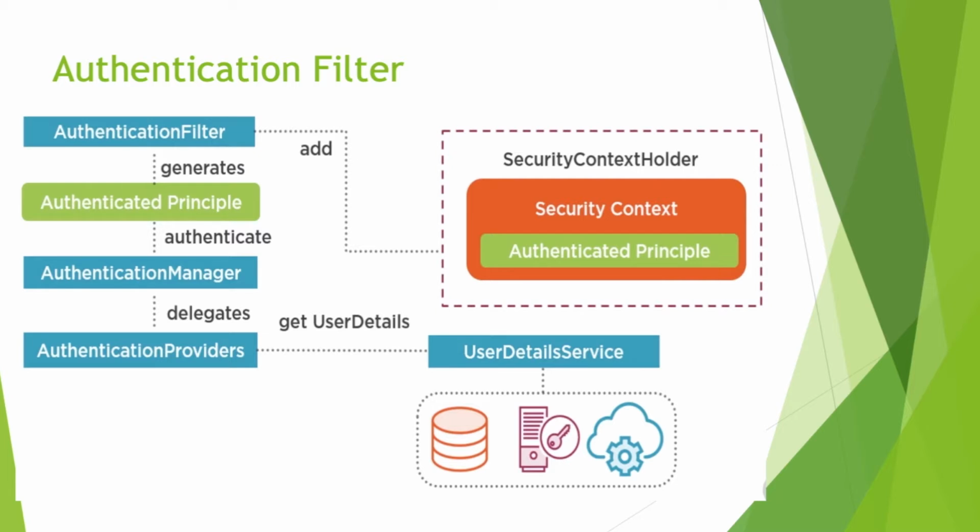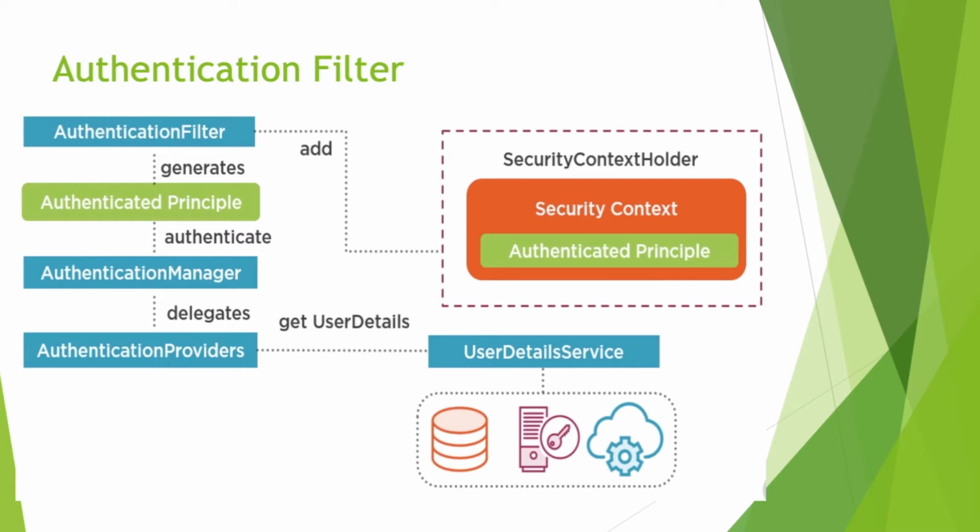The authentication request holds the credentials, but after it's authenticated, we remove the credentials, and the authenticated principal no longer has the credentials. The reason is that we don't want to hang on to the credentials for too long for security purposes. After it's authenticated and it's served its purpose, we get rid of it.